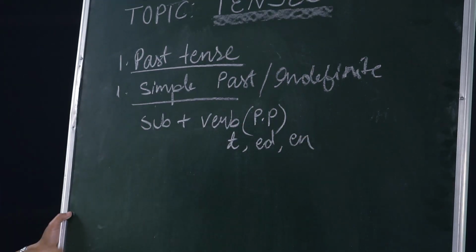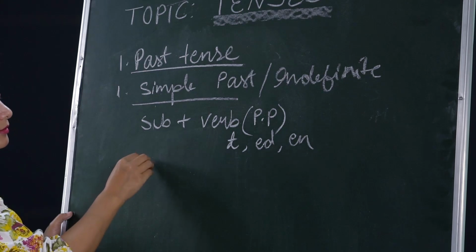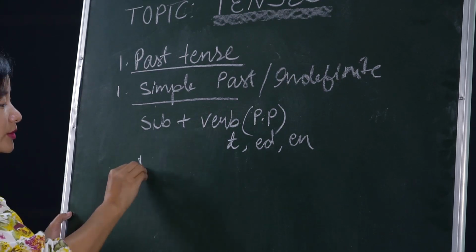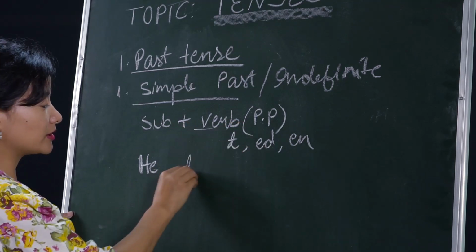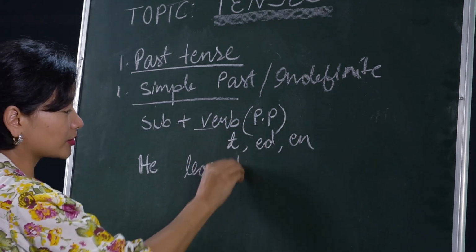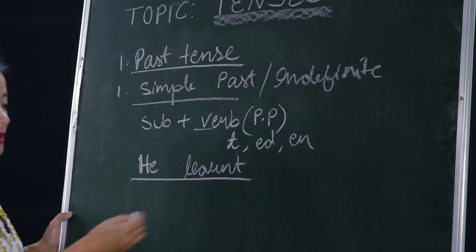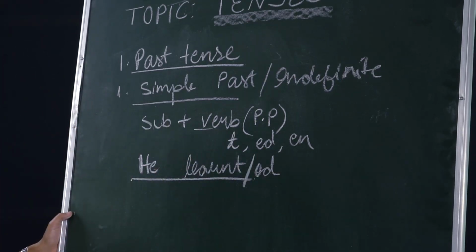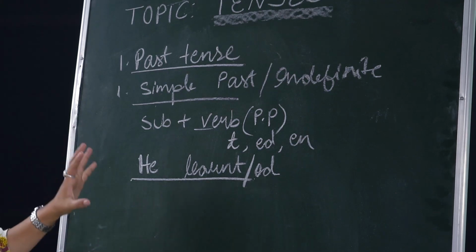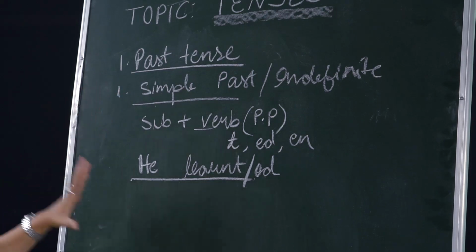So let's go with the subject he here. He learned. So if I say he learned, the action happened in the past. Some people prefer to use ED, that is also correct. He learnt, or he learned English in the previous class. So if you put it in that way, that means the action happened in the past. So that is simple past tense.